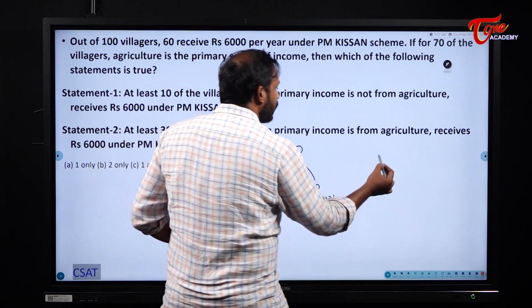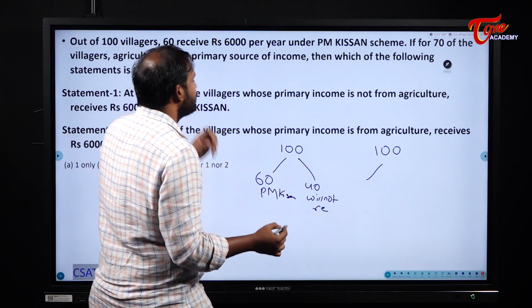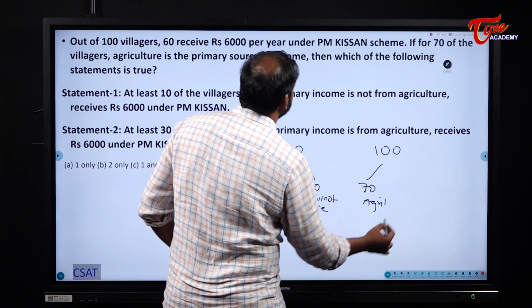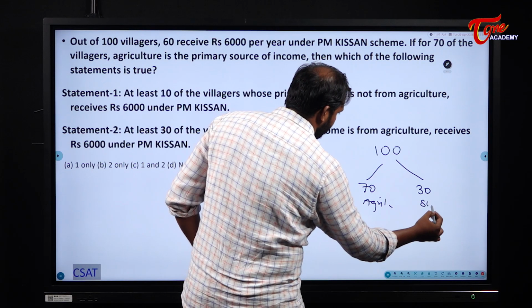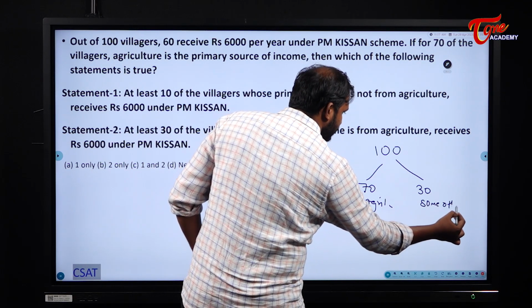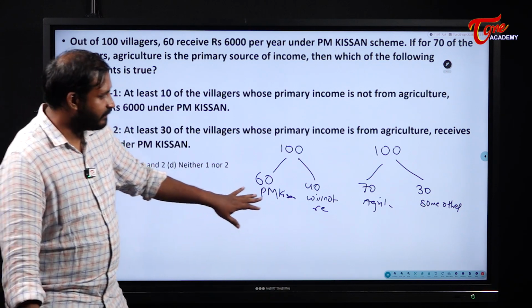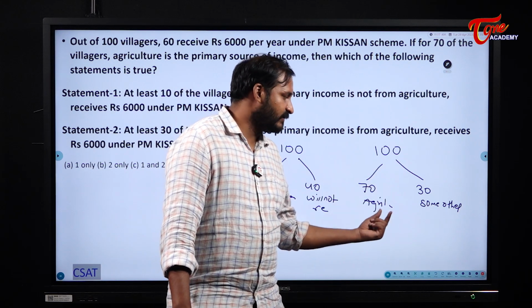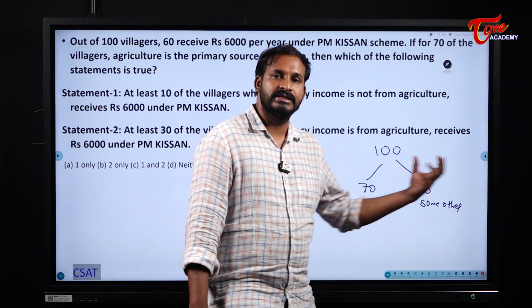Okay, next, out of 100, for 70 of the villagers agriculture is the primary source. So for 70 people, agriculture is the primary source. When it comes to the other 30, some other source is primary. From the given question we can understand that out of 100, 60 will get PM Kisan, 40 will not get PM Kisan. And out of that same 100, 70 persons' primary income is agriculture and 30 is something else.